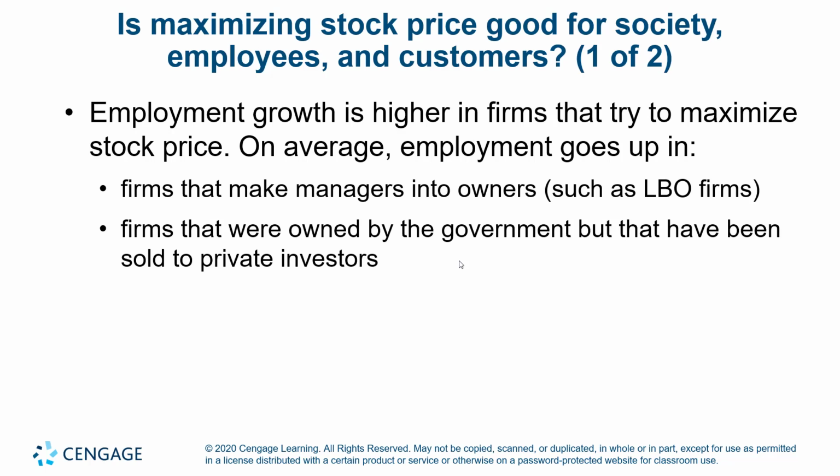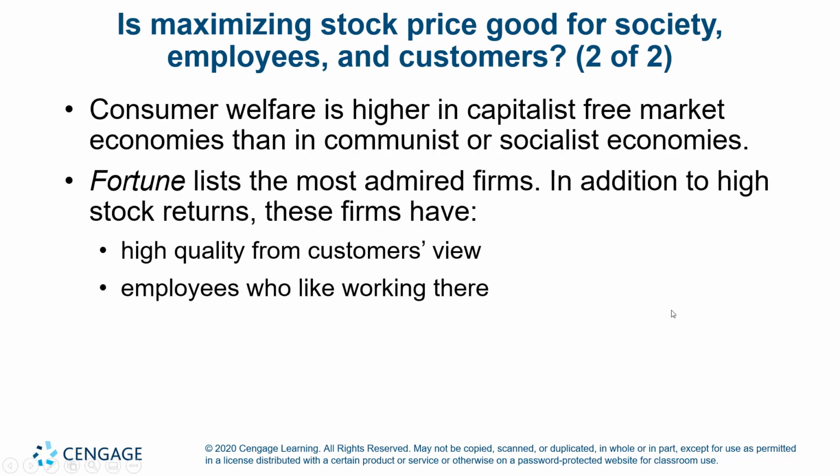When a company tries to maximize the stock price, that will help in generating employment, increasing welfare, and at the same time help society to grow. So that should be the main objective of the firm, because it is good for society, employees, and customers.